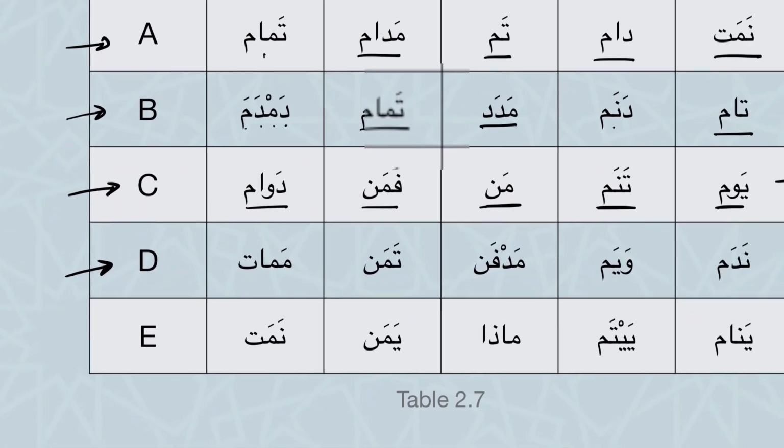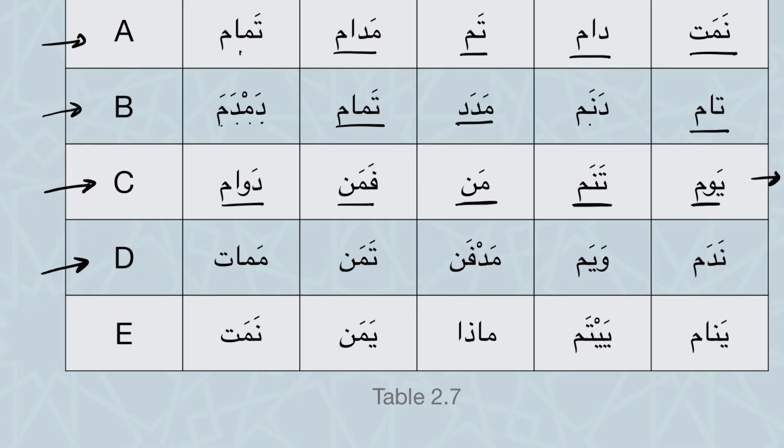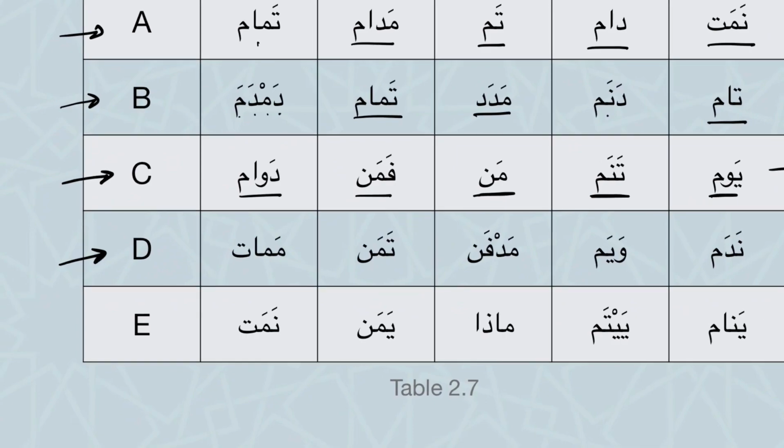So D, number 1 is mamat. Why? Because there is an alif and it's a long vowel. By now, I think the idea is cemented. This one is taman.